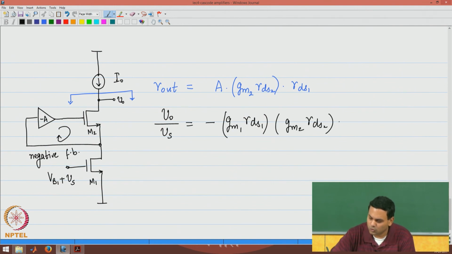GM2 RDS2 into A. So, in other words, if you have an amplifier of gain A, which may also be a third intrinsic gain, you can get gains of the order of the cube of GM RDS.